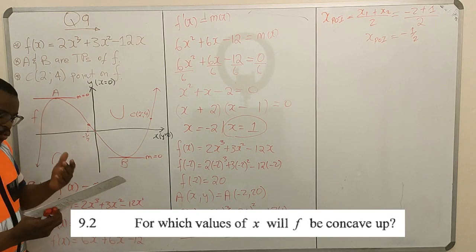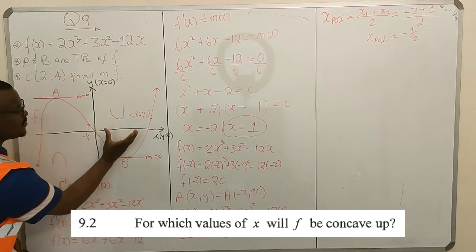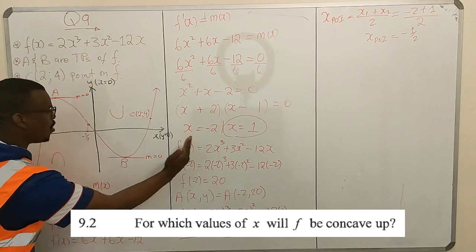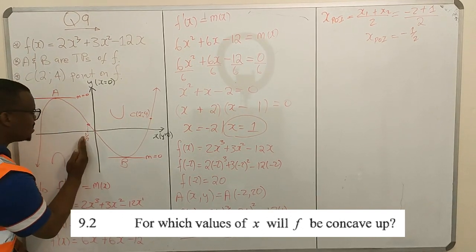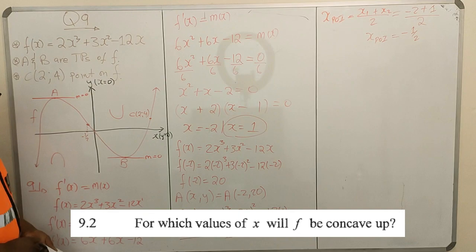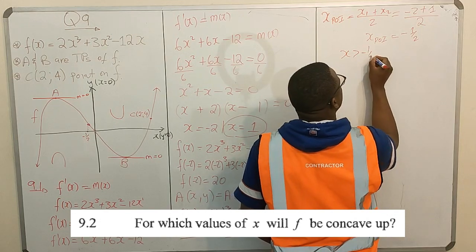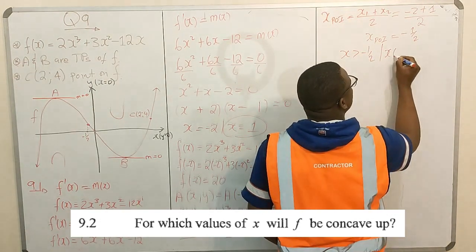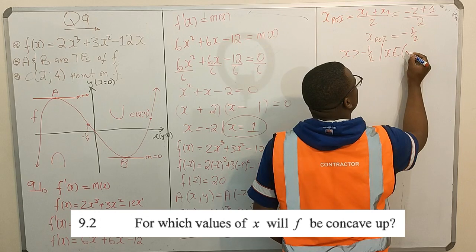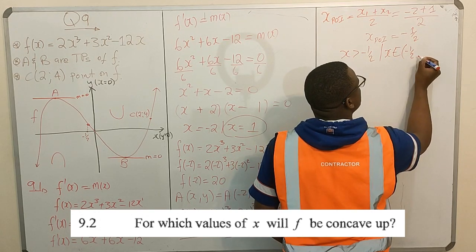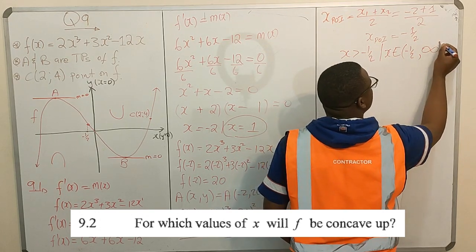But they want it where it is concave up, which means they want it where it has this shape. So it starts here all the way to infinity, for all x values greater than -1/2. So your x should be in the interval -1/2 to positive infinity.